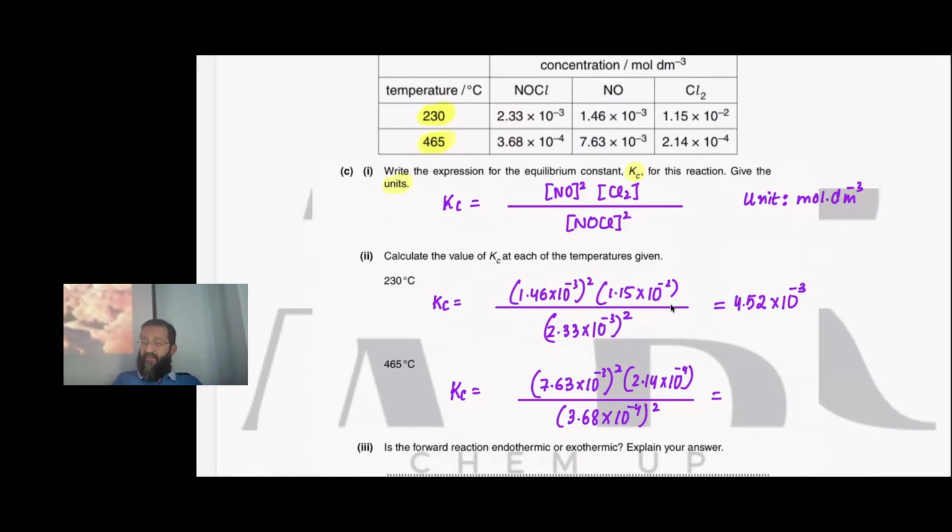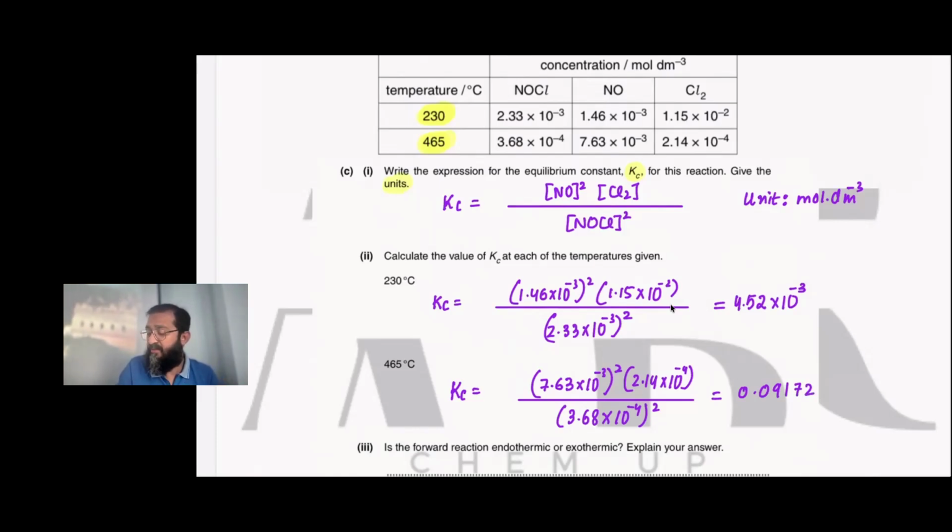So we are getting 0.0913... let me check the calculator.